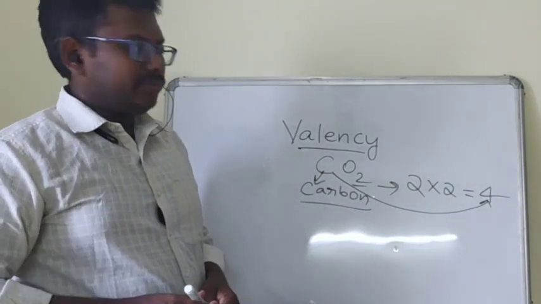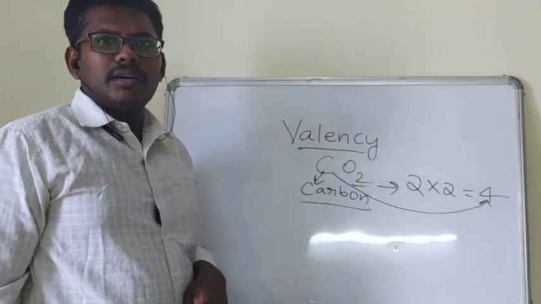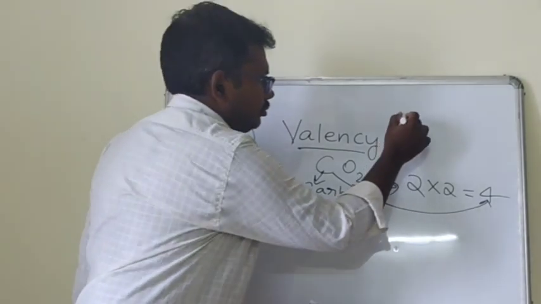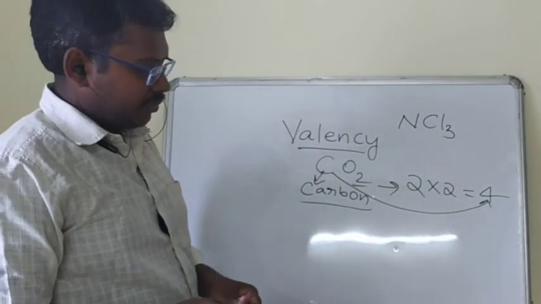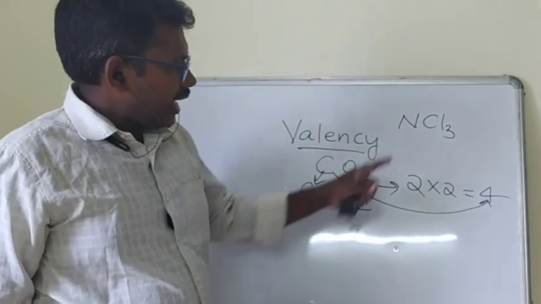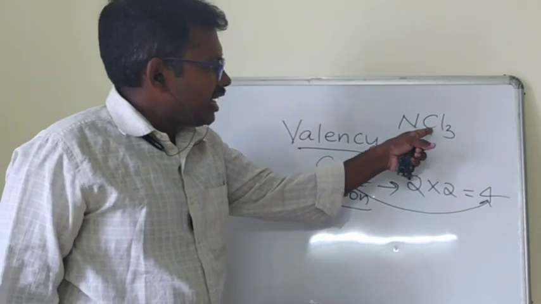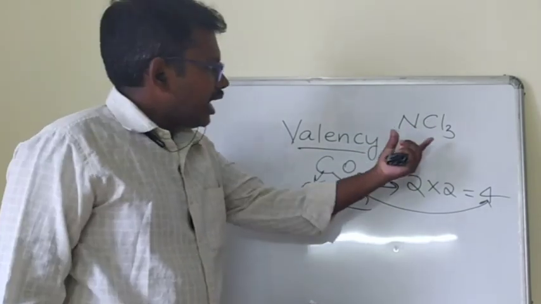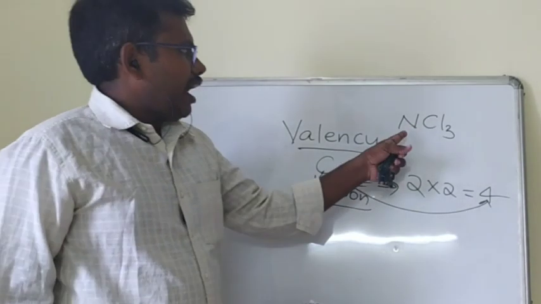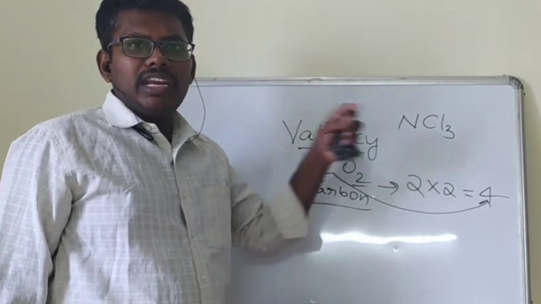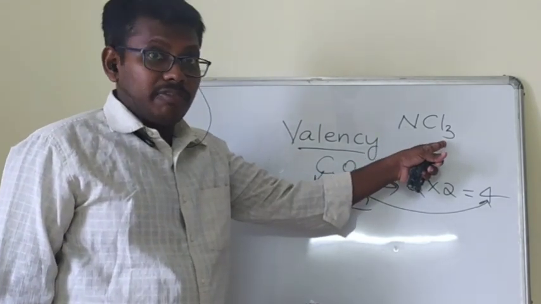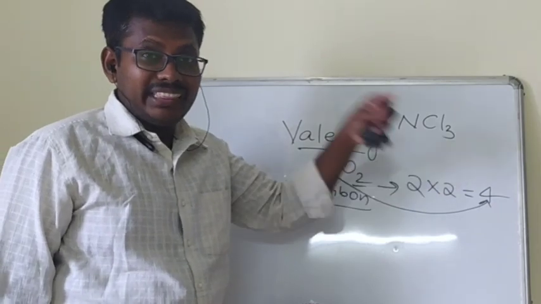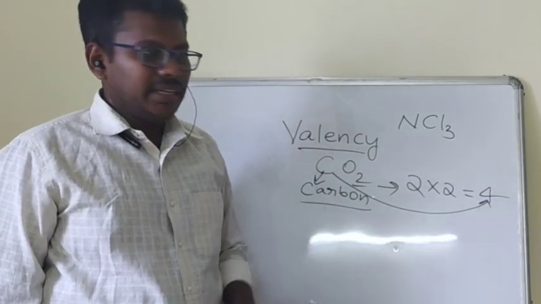Now coming to one more example, NCl3. N means nitrogen, Cl means chlorine. Here also the same. The valency of an atom of an element is the total number of chlorine atoms with which it combines.